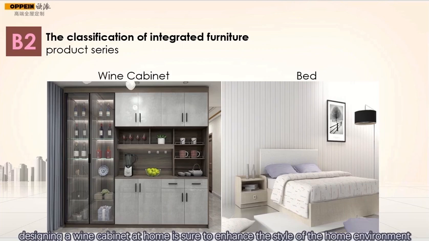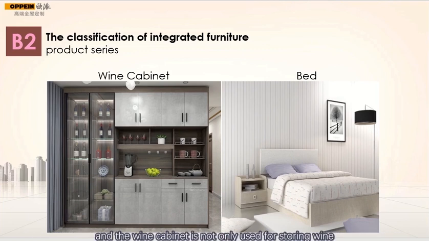For wine cabinet, designing a wine cabinet at home is sure to enhance the style of the home environment. And the wine cabinet is not only used for storing wine, it also has decoration and display functions. The design of wine cabinet can be generally divided into storage wine cabinet and partition wine cabinet.